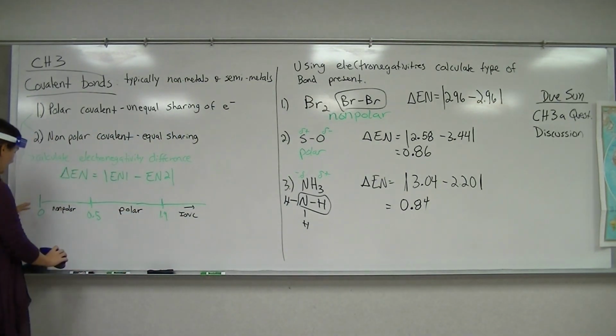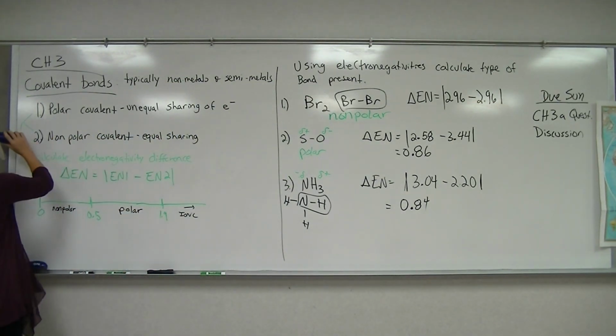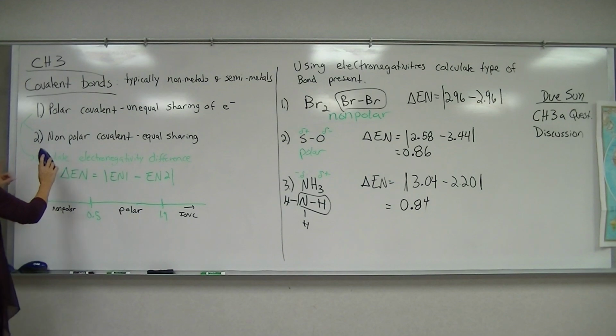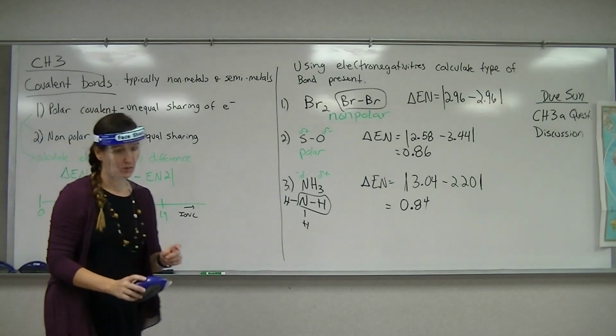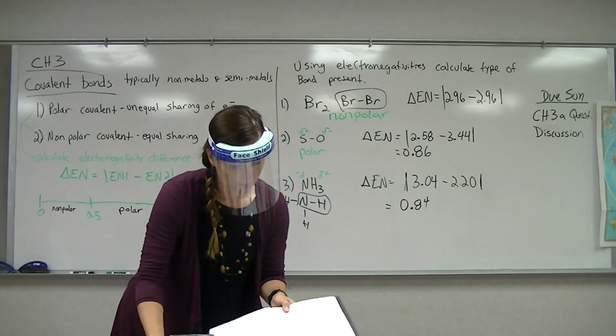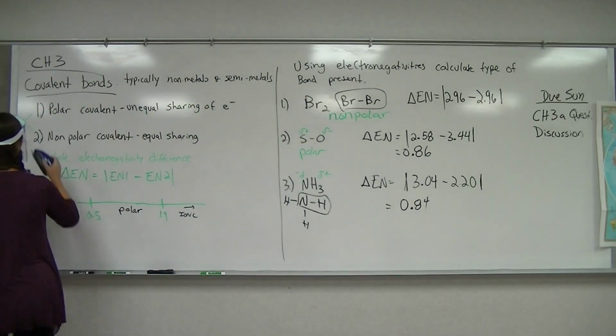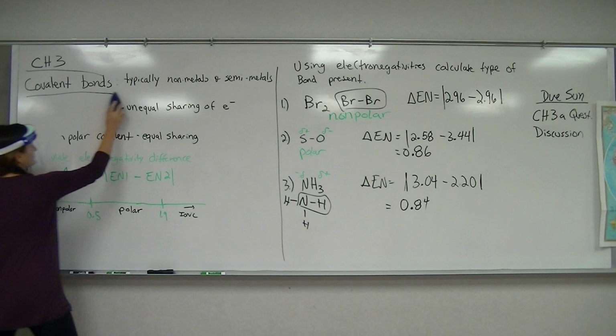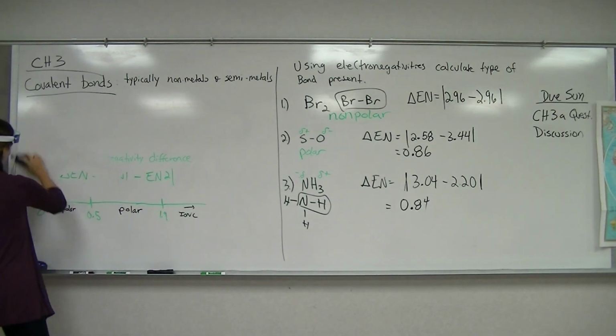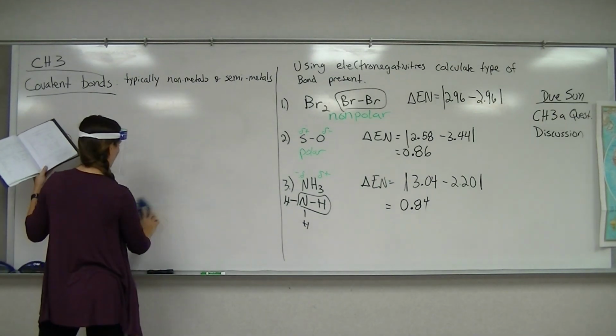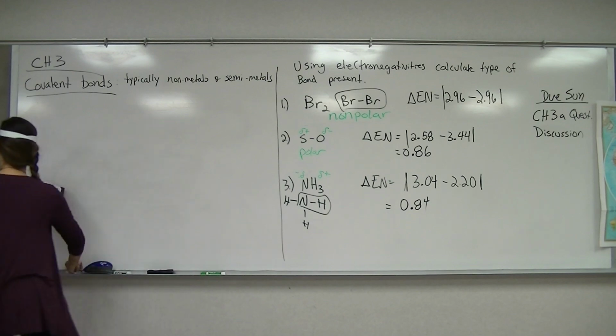I'm just going to erase this section. I'm still writing over there. We're still going to stick with covalent bonds, but now we're going to name them. And all these definitions are in the PowerPoints as well. You can write them down.